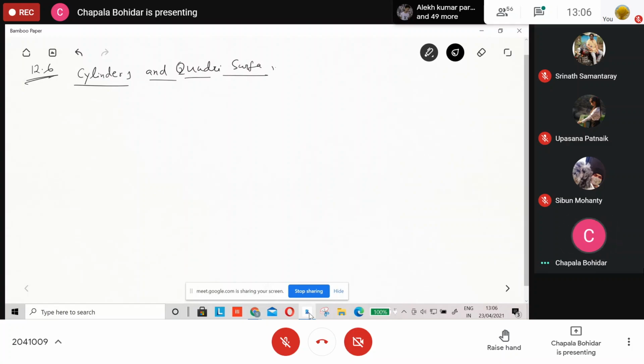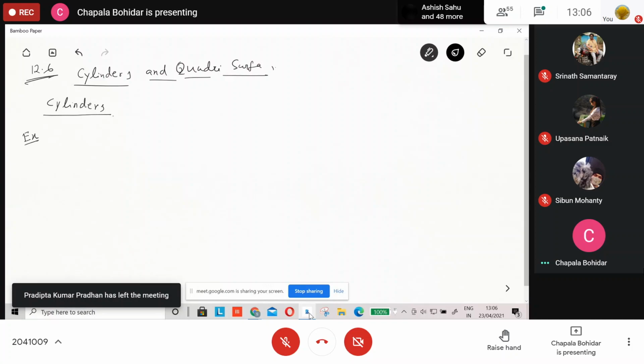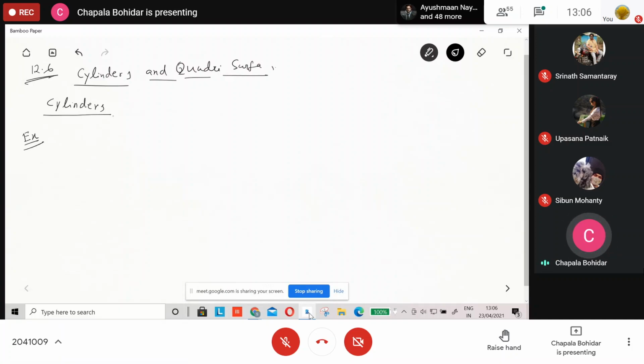Now come to the cylinder. Example. Sketch the graph of the surface z is equal to x square.